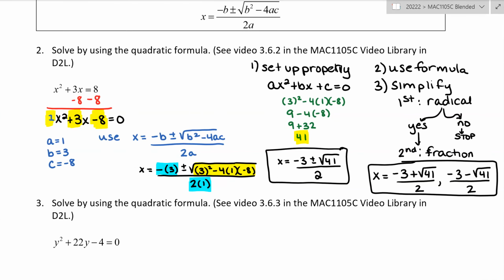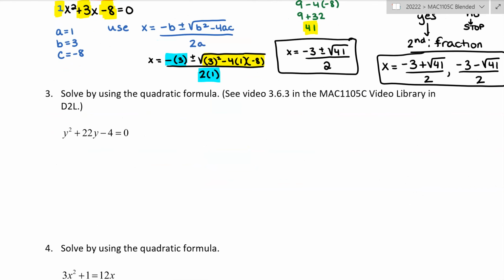Let's try it again. So in number 3, I've actually already got it set up properly. So set up, check. Now let's use the formula. So the a value is 1, right, because this is technically 1y squared. The b value is 22, and the c value is -4.